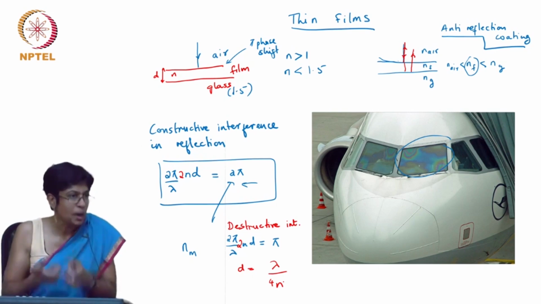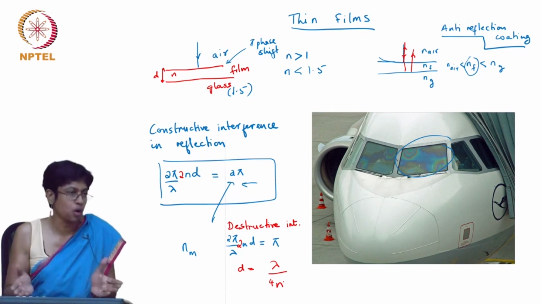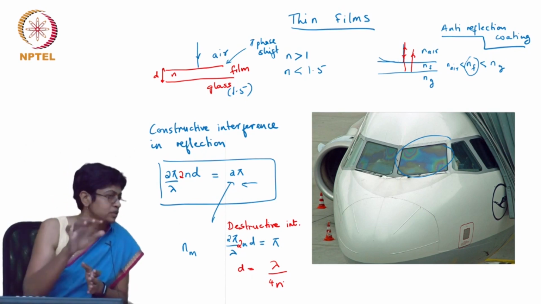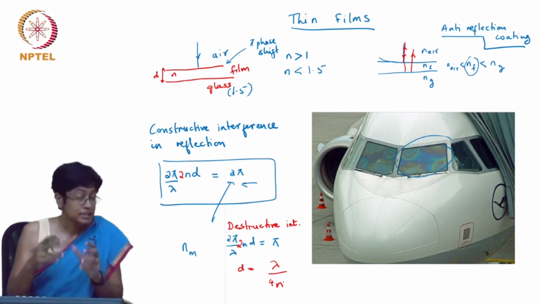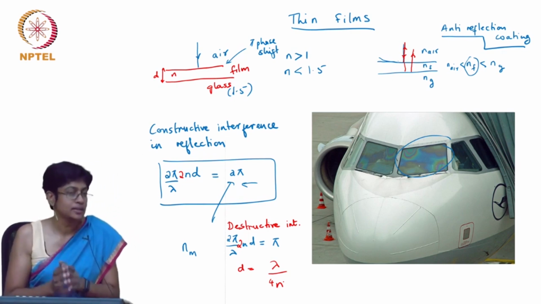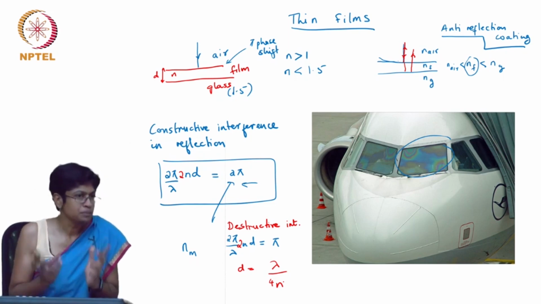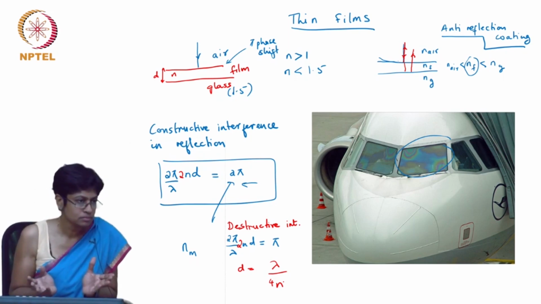You don't want these to add up. So, the lambda by 4 ensures what? So, the lambda by 4 ensures that you are subtracting beam 2 from beam 1. When you subtract 2 beams, is the answer always 0?